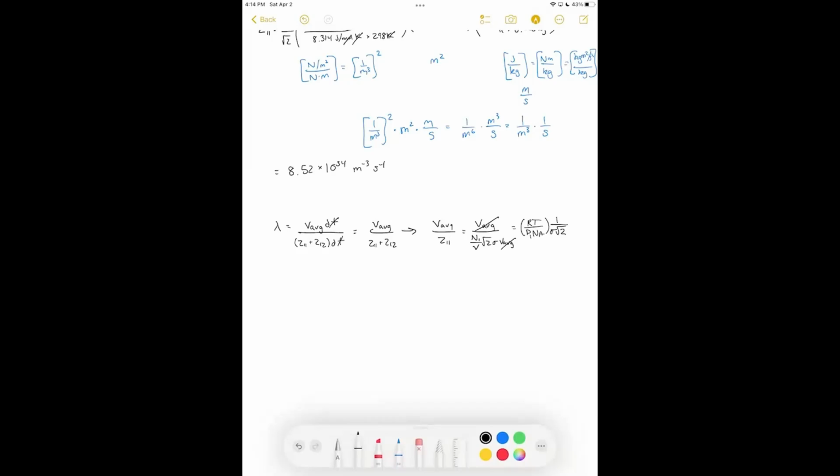So for nitrogen, we can go ahead and describe this just like we did before. So the mean free path for nitrogen is going to be the ideal gas constant, 8.314 joules per mole Kelvin, times the temperature, 298 Kelvin, divided by the pressure, 100,000 pascals, times Avogadro's number.